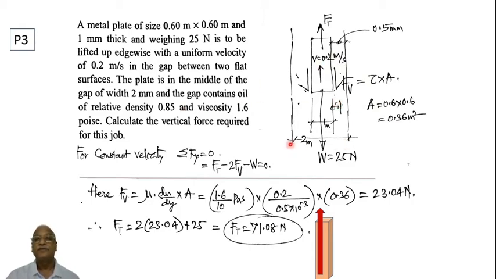Now the plate is inside the middle of a gap of width 2 mm, and the gap contains oil of relative density 0.85 and viscosity 1.6 poise, right? So the gap is 2 mm. It is not meter, it has to be millimeter, right? 2 mm. The m is missing, so this thickness is 1 millimeter.